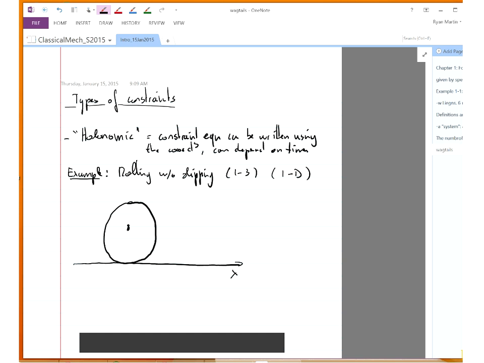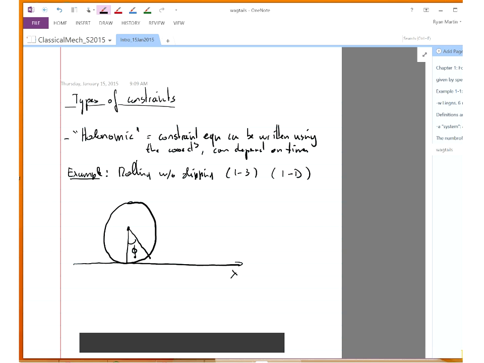So in principle, if we want to describe our disk, we need two numbers. We need to specify, say, the x position of the center. Then, let's say it's not a uniform-looking disk, it has colors on it, so we also have to specify the angle phi about which it's rotated.